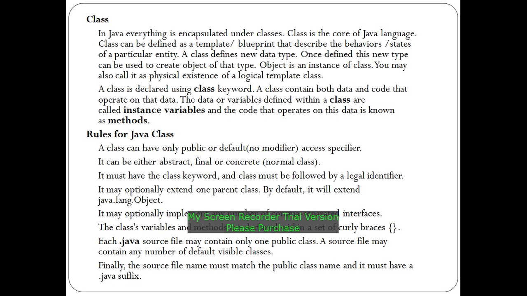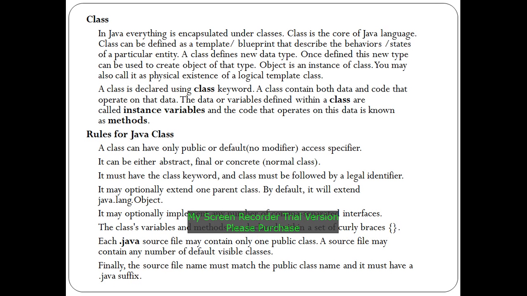A class is declared using the class keyword. A class contains both data and code that operates on the data. The data or variables defined within a class are called instance variables, and the code that operates on this data is known as methods. For a Java class, a class can have only public or default access, no modifiers, or it can be abstract, final, or concrete.